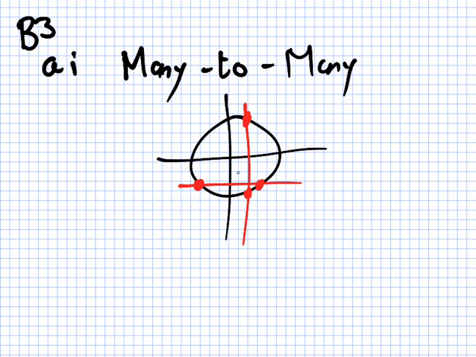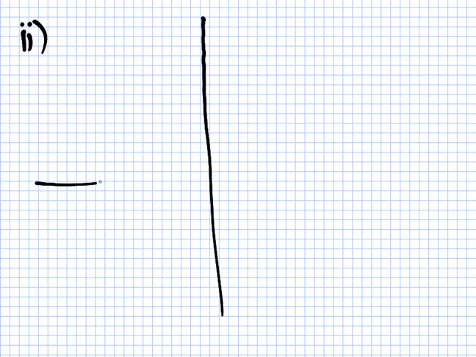On a separate one, sketch the following. So again, it's another sketch one. So here's part 2. I'll just draw mine on the same diagram, okay? So here's the original.